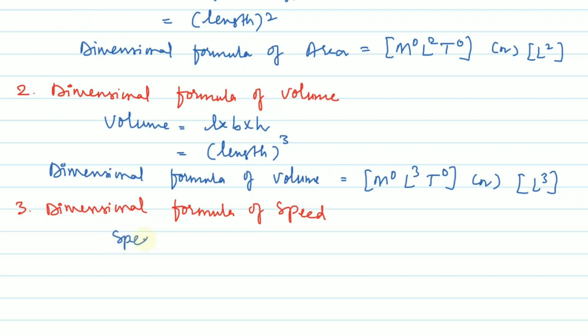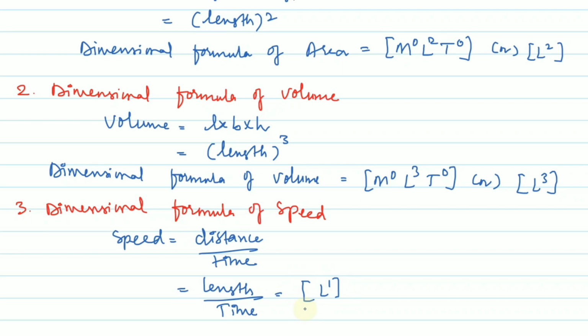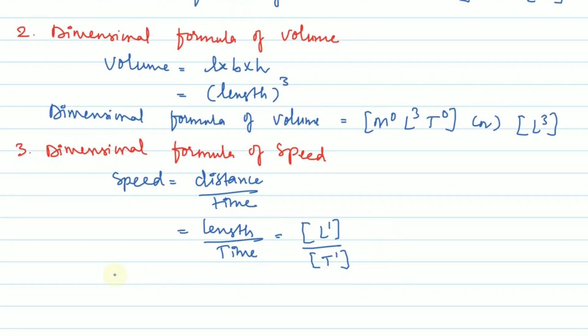So speed is equal to distance upon time, and distance is nothing but length here, upon time. This can be written as L to the power 1 upon T to the power 1, right? And finally the dimensional formula can be written as follows.